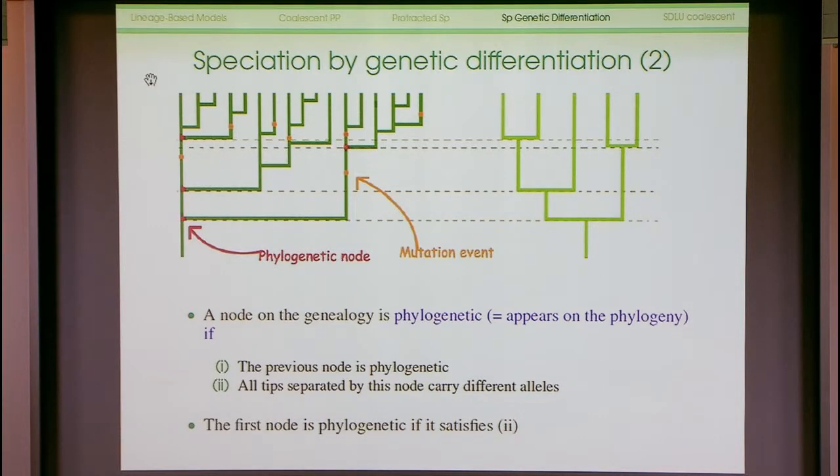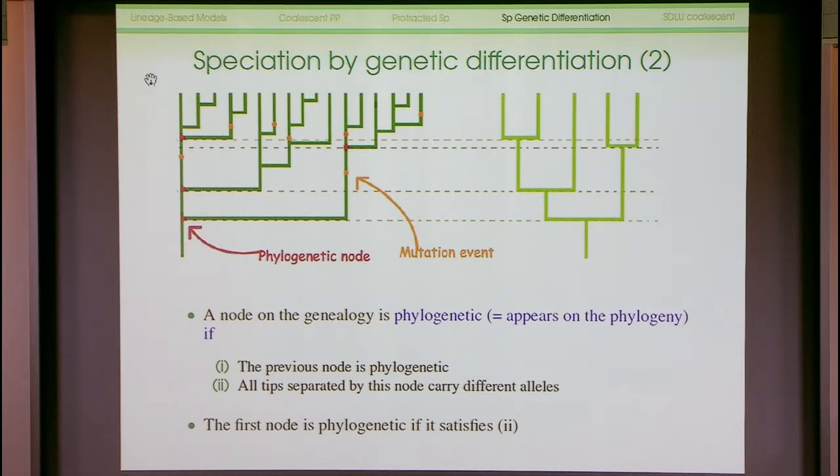So this is a node in the phylogeny, because here if you take any two pairs of tips whose, let's say, geodesic passes through this point here, they always have at least one allele separating them, so they are in different species. And you do that for any, and there's, let's say, an algorithmic way of deciding if a node is in the phylogeny or not.